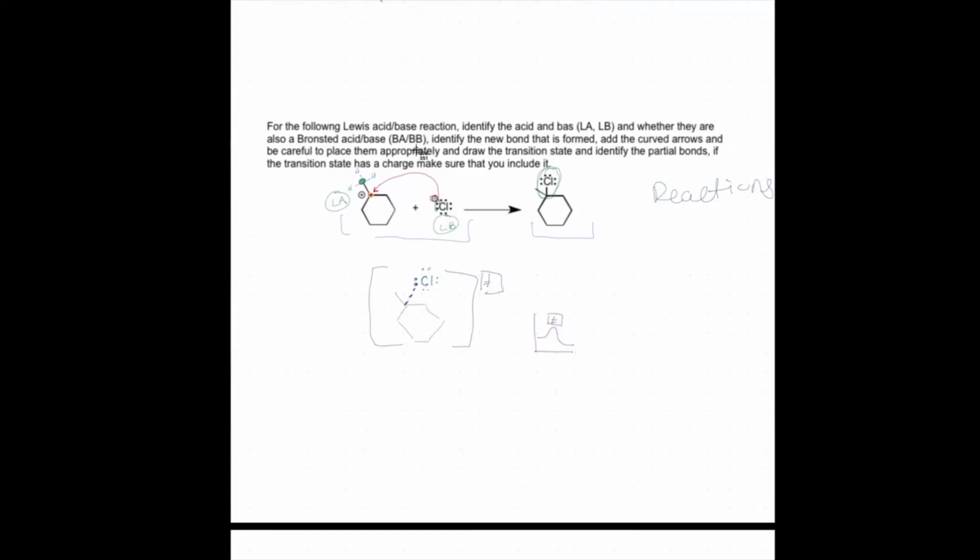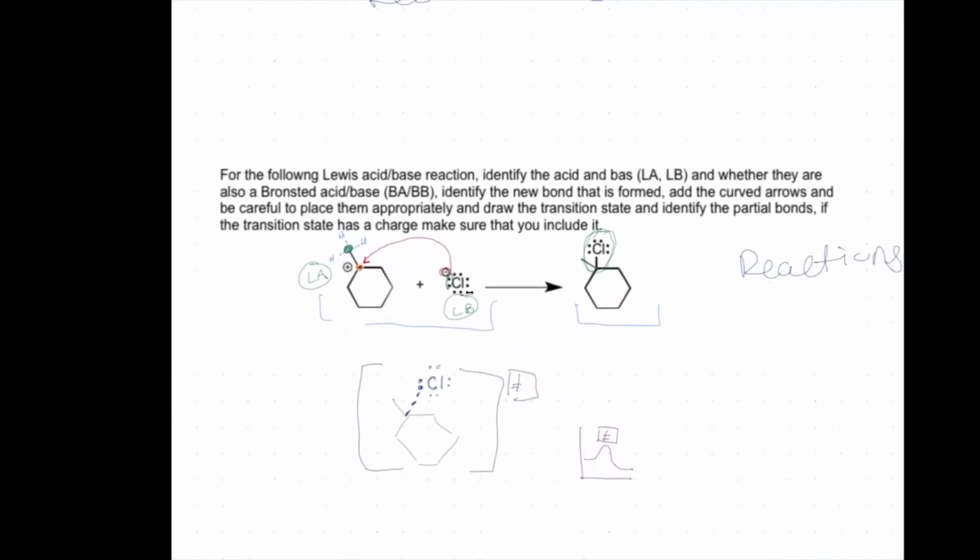But Lewis acid, Lewis base only specifically has to do with electrons. Okay, because right now the Cl only has electrons, and it doesn't even have a proton, so it wouldn't be a proton donor, so it wouldn't be a Bronsted base, right? Exactly. On this one right here, that's exactly right. All we're doing is the electron donating and accepting rather than proton donating and accepting.